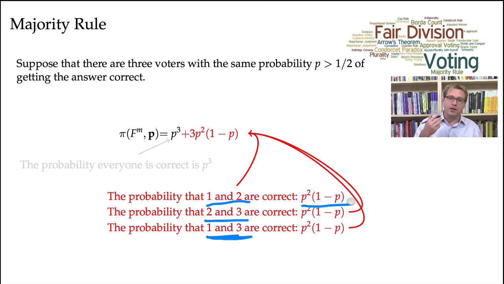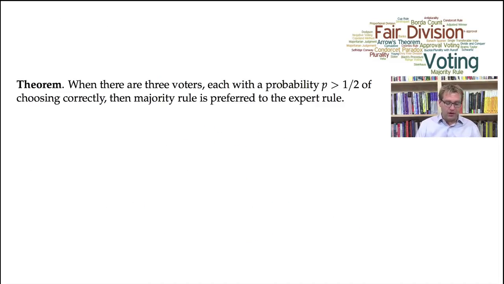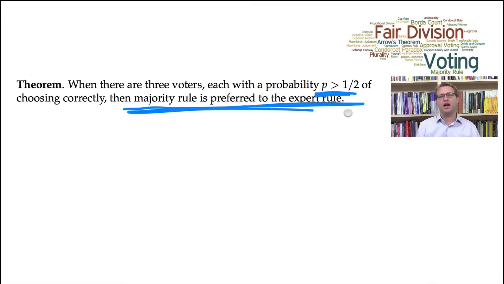So the probability that a majority gets the answer correct is going to be p cubed plus 3p squared times 1 minus p. And here's a simple theorem. When there are exactly 3 voters, each with the same probability of choosing correctly, majority rule is preferred to the expert rule.